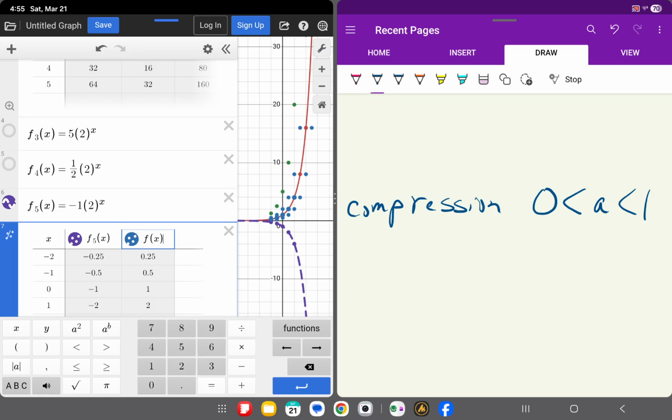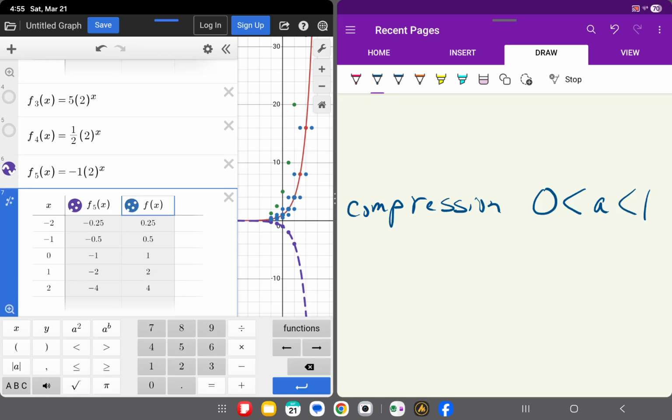I just want to see what's going on with those. And as you notice, it is the same exact values. It is just that they are reflected across the x-axis. If we are changing the value of a for our function, it will also change accordingly.